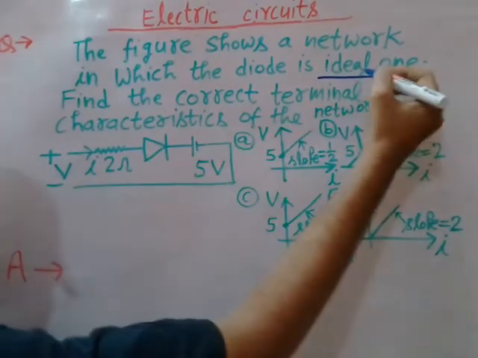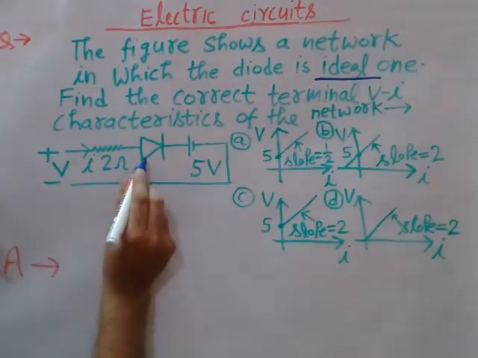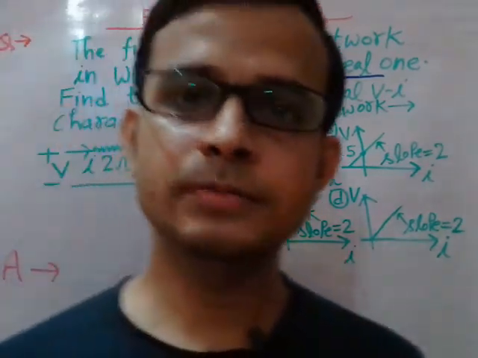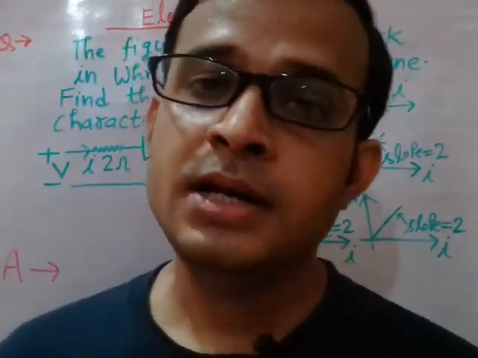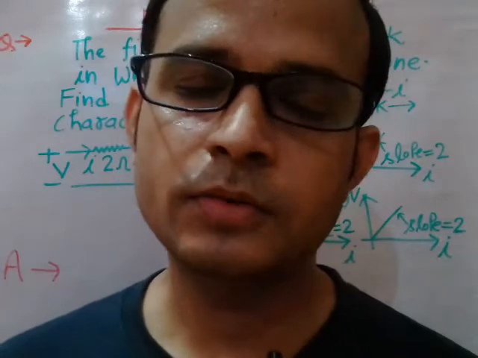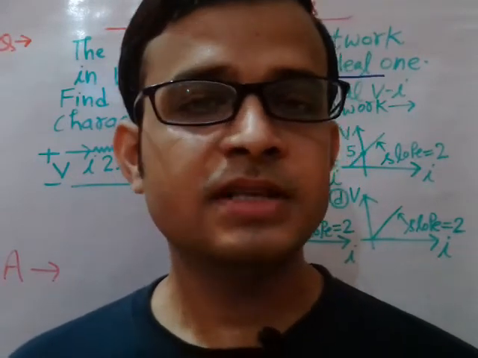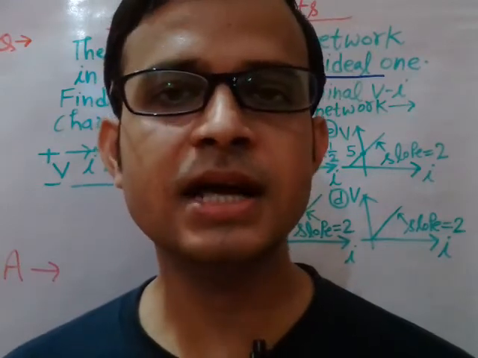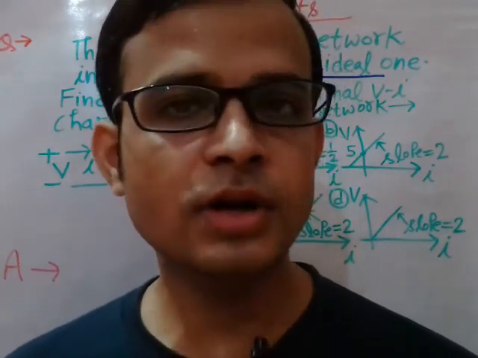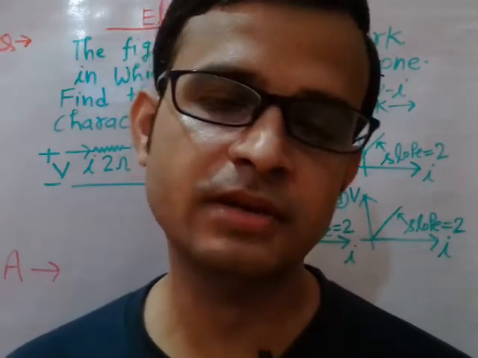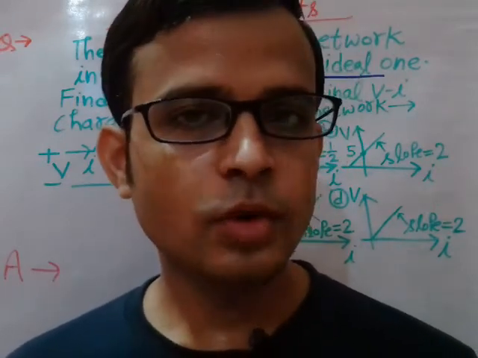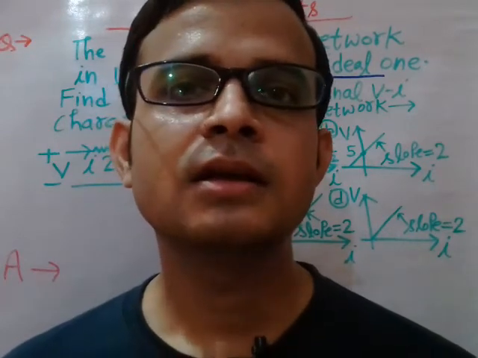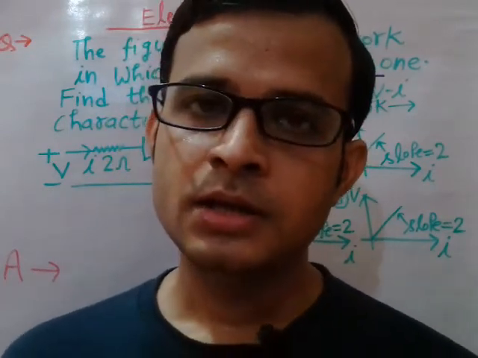He is saying that the diode connected in the network is ideal. So what is the meaning of an ideal diode? Ideal diode means its cut-in voltage is 0. If it is a practical silicon diode, then its cut-in voltage will be 0.7 volt.